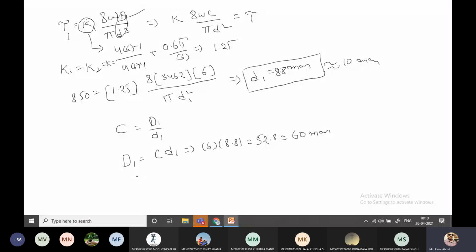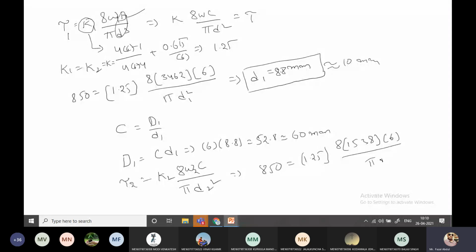In the same manner, sigma 2 equals K2 into 8WC by pi D square. 850 equals 1.25 into 8 into W2. How much did we get for the W2 value? 1538, into 6 by pi d2 square.